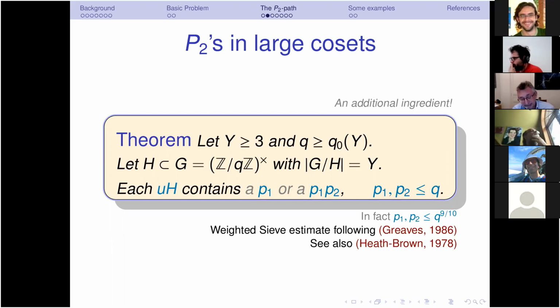But maybe we could treat them differently. I still haven't decided about that. There's something strange in this way of using Brun-Titchmarsh. I mean, the fact that we are losing a factor 2 in Brun-Titchmarsh in two different ways: weighted sieve in one part and the factor 2 in the other part.